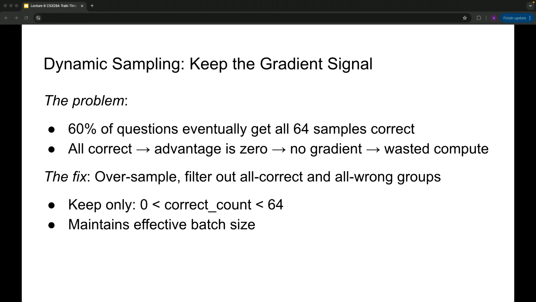Then we filter out groups with all 0 reward or all 1 reward, so that we get a nice distribution where most of the solutions have some sort of signal. They filter out all-correct and all-wrong groups, and keep only some subset between 0 and 64.